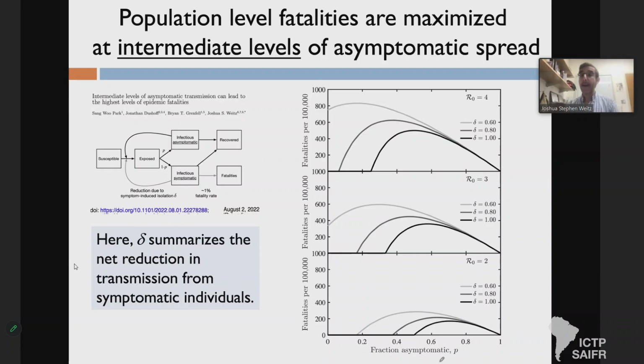But remember that the asymptomatic fraction of incidence is P. So when P is 1, everyone has an asymptomatic case. We will have no fatalities. When P is 0, then everyone has a symptomatic case, and technically we could get up to 1,000 fatalities per 100,000 individuals. But we don't.